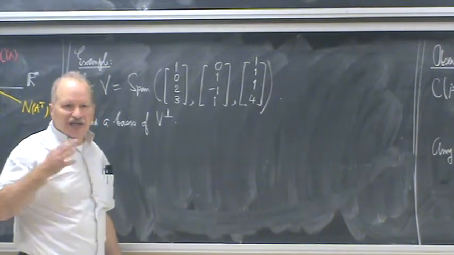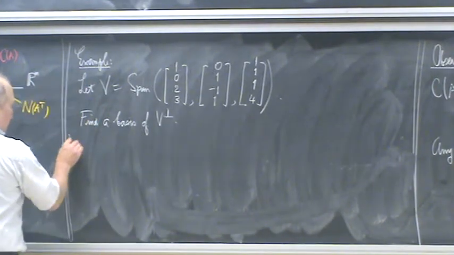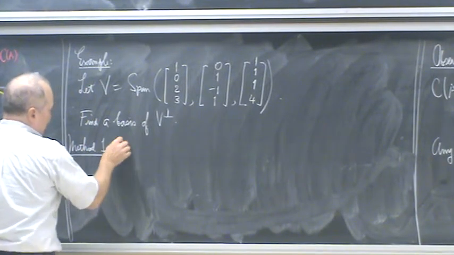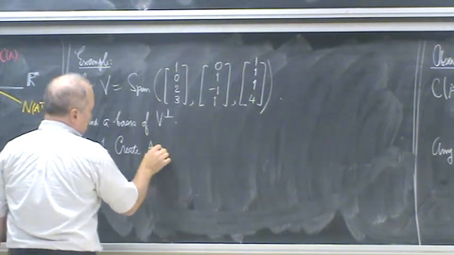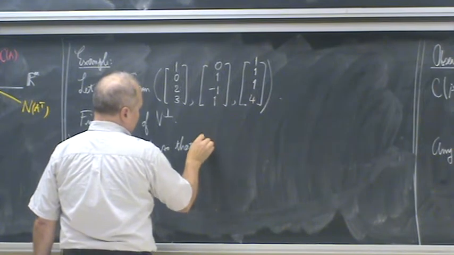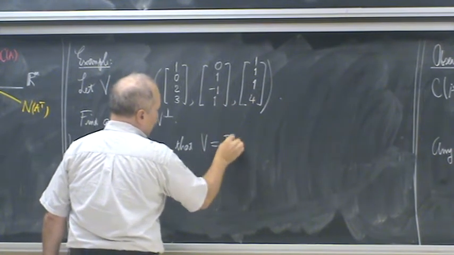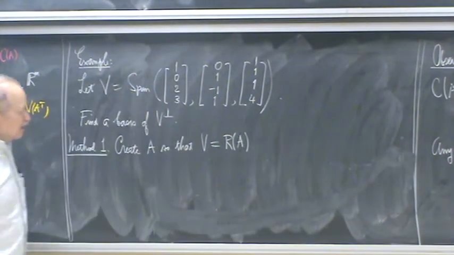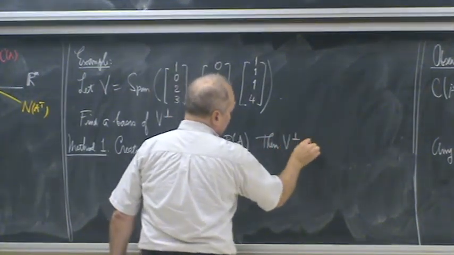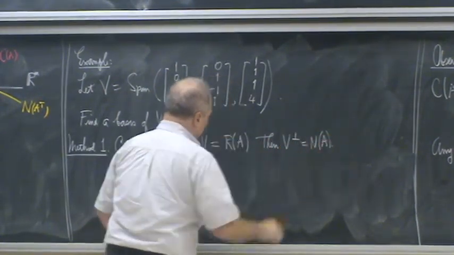But you've got to explain to me what you're doing. So method 1: create an A so that the subspace is the row space of the matrix A. Then the perp will be the null space. Okay?